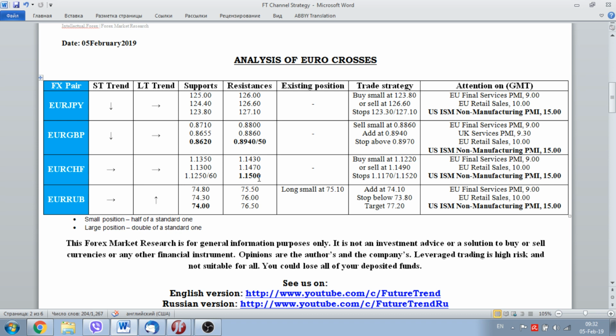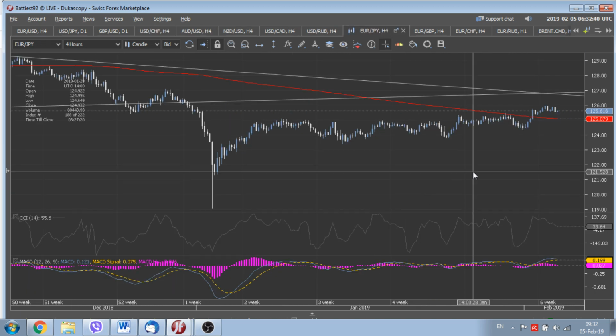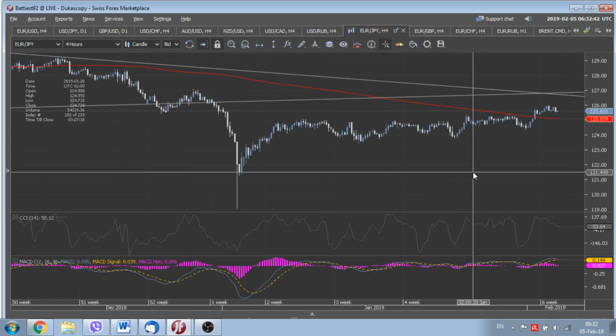Euro sterling is, from our point of view, more interesting at the moment, because like euro Swiss and euro yen, it continues to trade more or less to the north, but very slowly. And also here, like for example in euro yen, it's hard to say that the pair will now trade strongly to the upside.